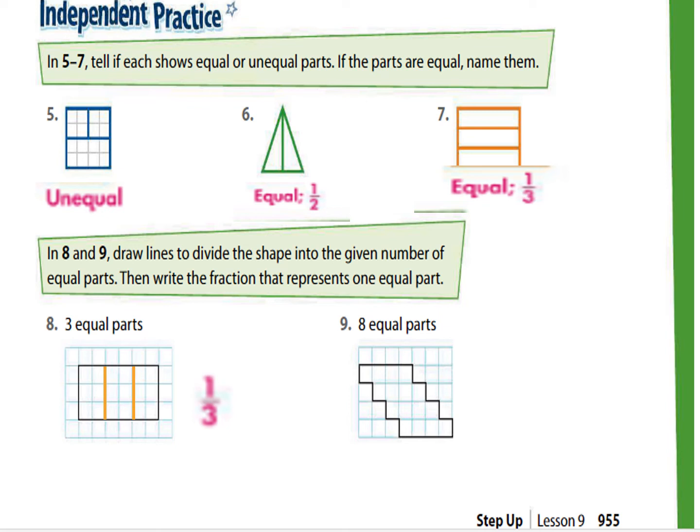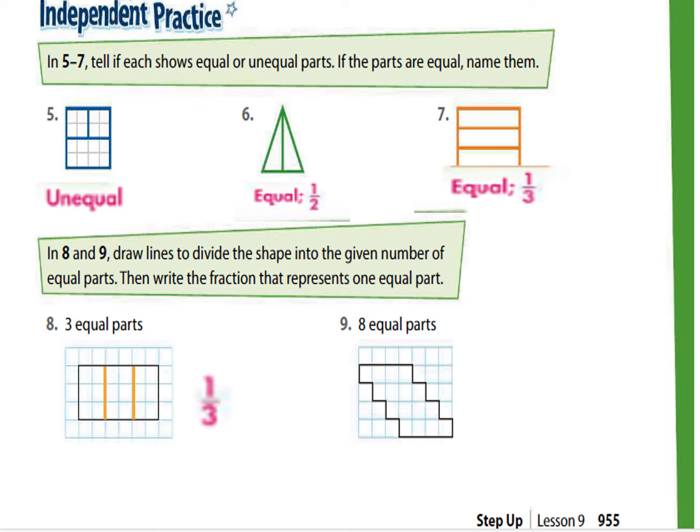So we have to divide 16 by 8. Can you divide 16 by 8 and say 16 divided by 8 equals? Amazing! 2.